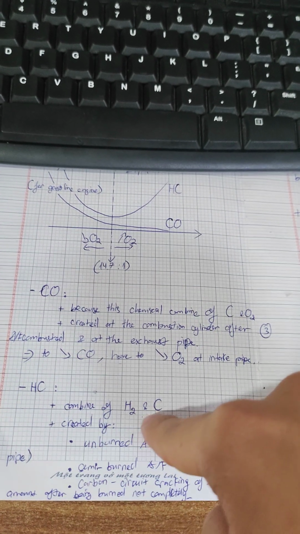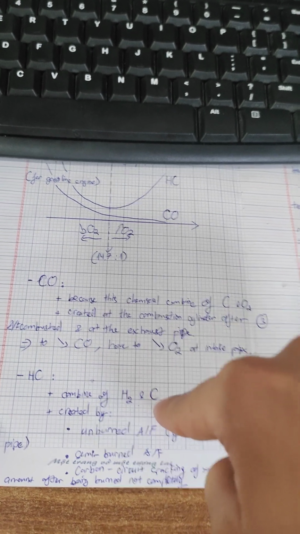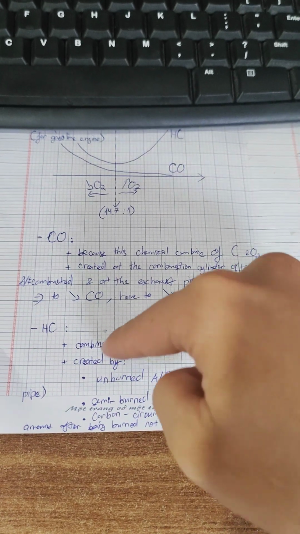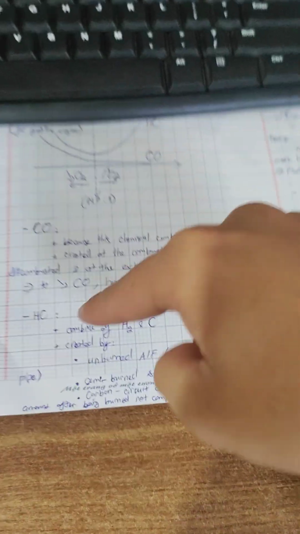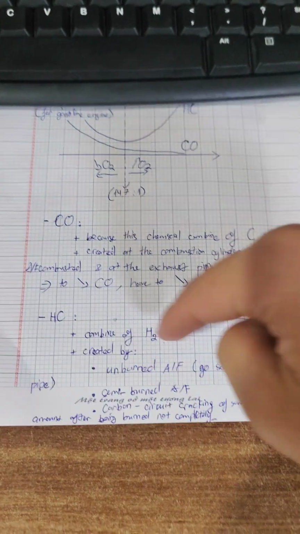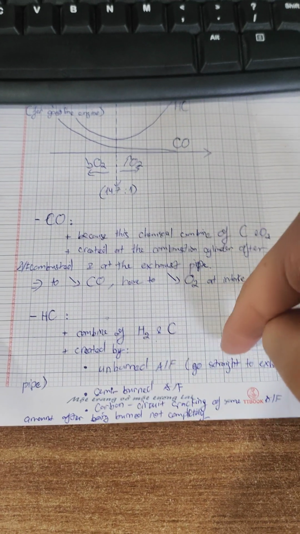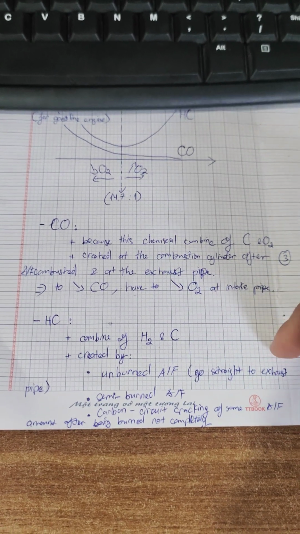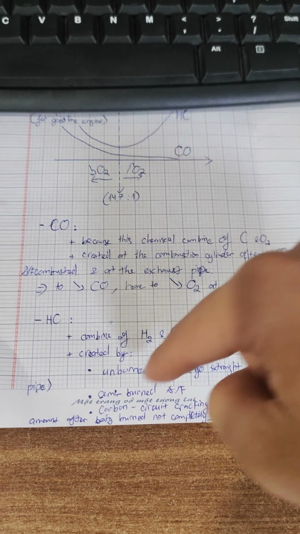HC is a combination of hydrogen and carbon. It is created by unburned fuel. It can be created by three different factors. The first one is unburned fuel mixture. Because it is unburned, it goes straight to the exhaust manifold.